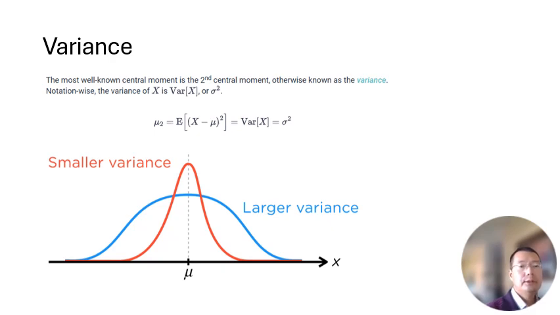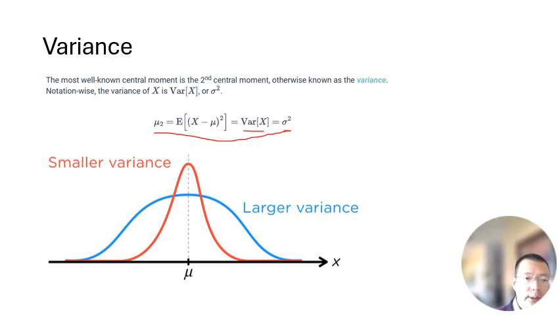The definition is mu2, or variance of x, is equal to the expected value of x minus mu raised to the second power, and you can also denote it as VAR, variance, or omega squared. That's how we denote that. The function of variance is to tell us how far the data, or this random variable, is away from the central mu.